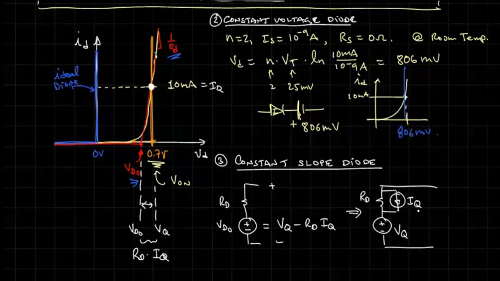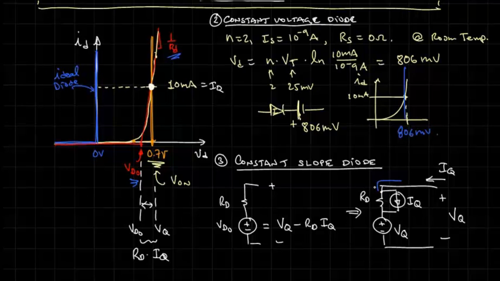So what does this do? The idea is that when IQ flows into our diode, we want a voltage of VQ. And in this case, that's exactly what will happen, because if IQ flows in, it's going to flow into this junction here.